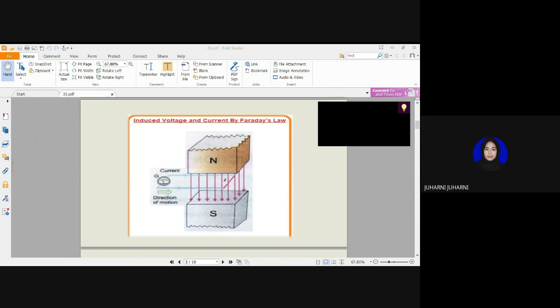Okay, if we change the position of the loop from left to right, current is induced in the loop and shown on the meter. When we stop the loop, then there is zero deflection at the meter. And then if we move the loop from right to left, there is again current at the galvanometer, but now in the opposite direction.